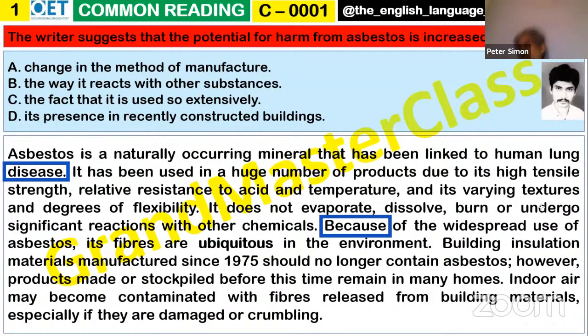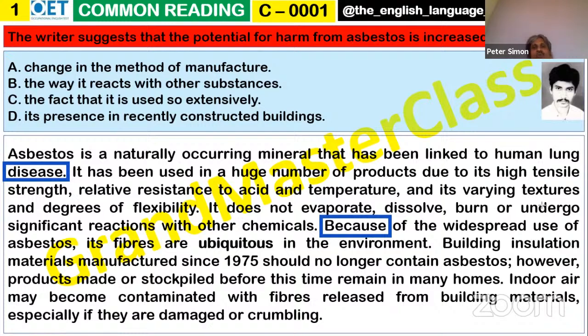Because it is very strong, it is used in many products, and its relative resistance to acid, its resistance to temperature, and its varying textures and degrees of flexibility. So asbestos has multiple advantages. The only disadvantage is that it is linked to human lung disease. But many advantages are there in many different products.